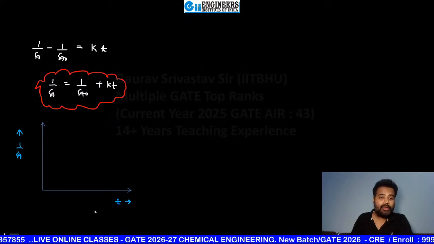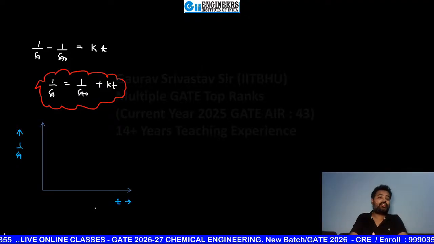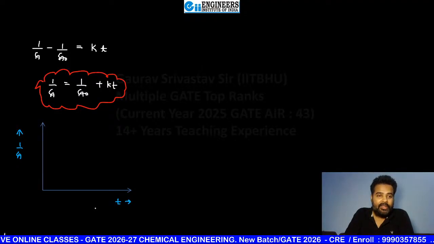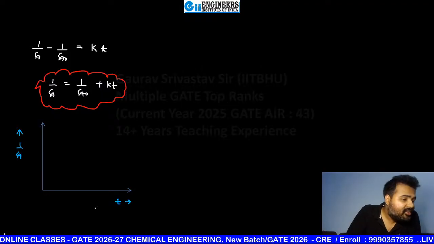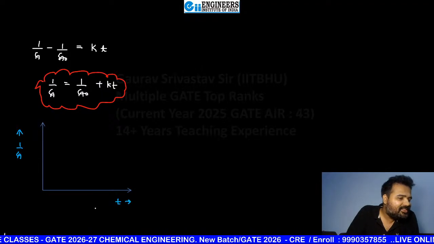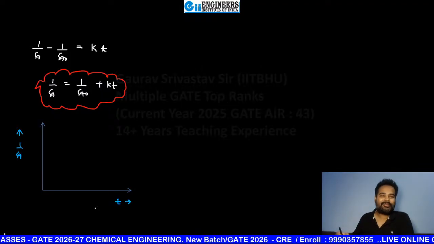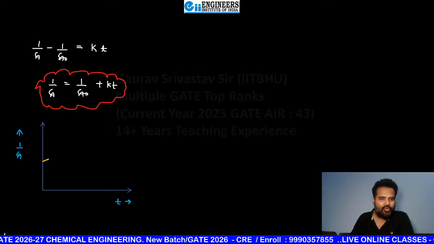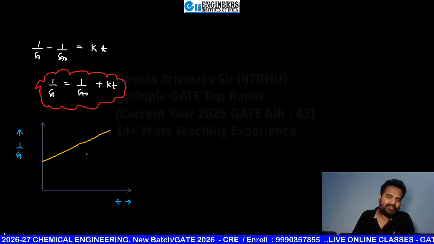So how are you going to make the graph? From where is it going to start? Very good, with some value of intercept. So you are making the graph like this, y is equal to mx plus c.